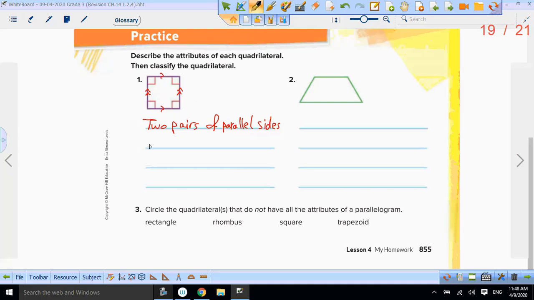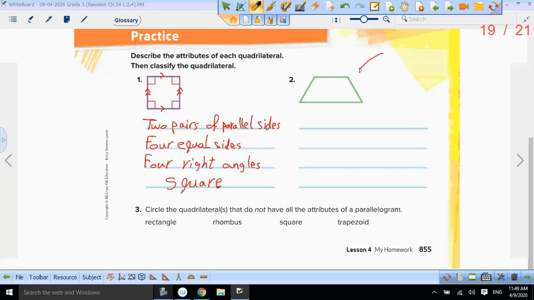The four sides are equal in length. So we have four equal sides. For the right angles, how many do we have? Yes, we have four right angles. Now, what is the name of this quadrilateral? Square.